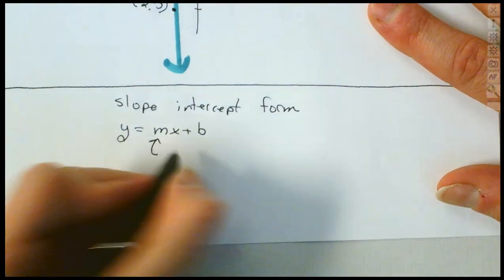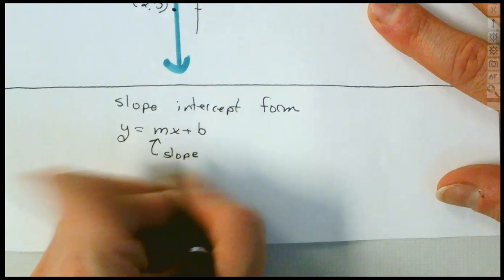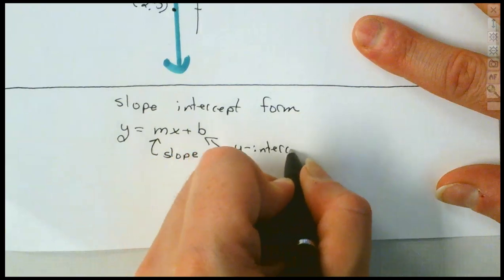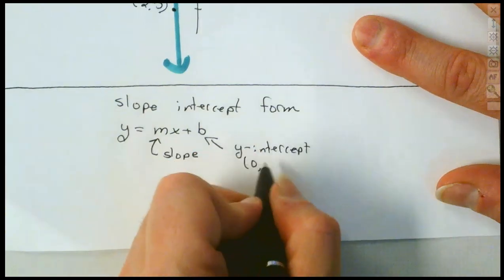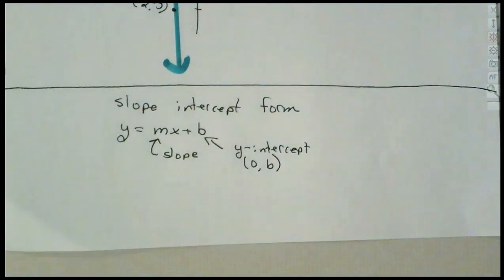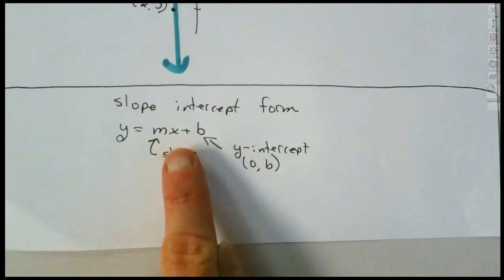Now the m is your slope, and the b is your y-intercept. And that's 0, comma b. If it's in slope-intercept form, we can get the slope, and we can get the y-intercept, which is a point. So we're just going to be doing the exact same thing that we did earlier when we graphed a line when we were given a point and a slope, but we have to get the point and the slope from our equation.